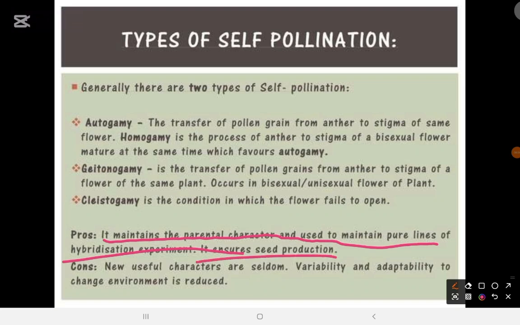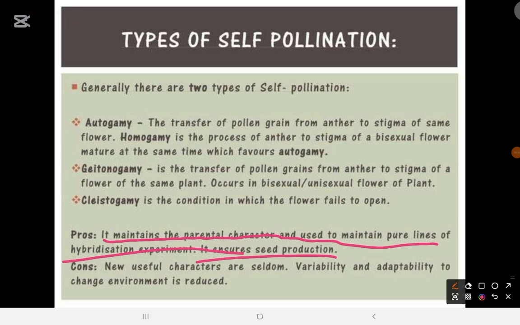What that means is that if the flower that is pollinating has very special characteristics that make it unique or attractive, that special characteristic will be maintained in the next generation, because the next generation is a pure line, since it comes from the same parent, right?